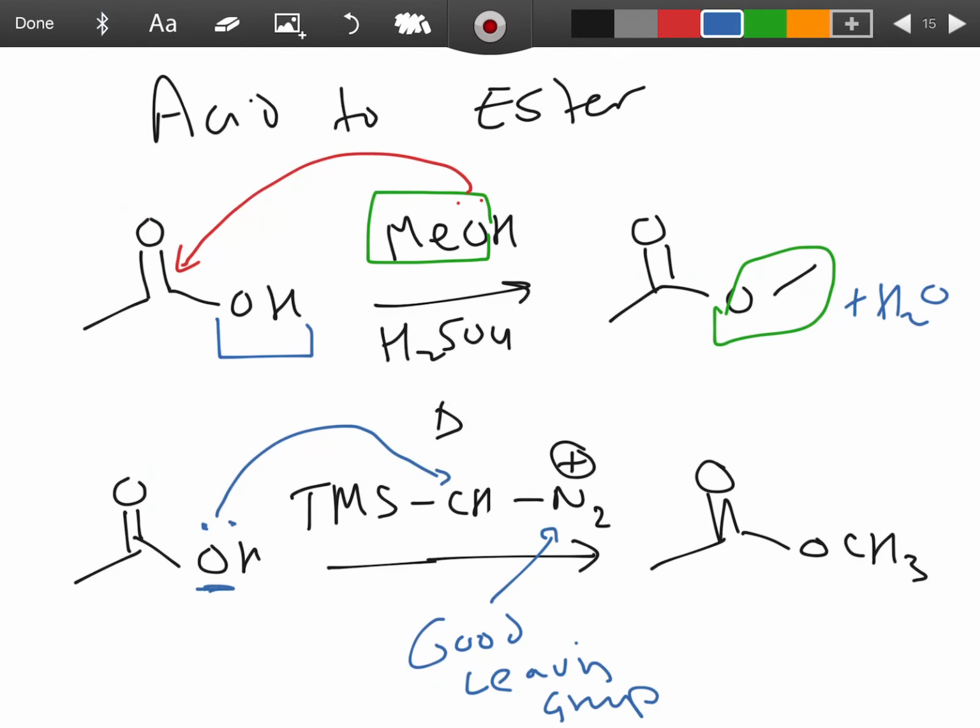So they add the TMS group, so there's a few more carbons, so it's just not all boom. It's like, I don't know, 30% less boom. But they're making their ester in a slightly different way, as opposed to having your alcohol add to the carbonyl carbon. You're adding your oxygen from your carboxylic acid to an electrophile.